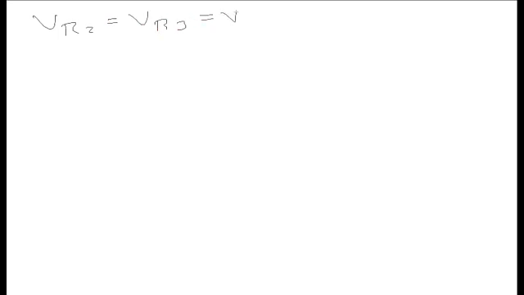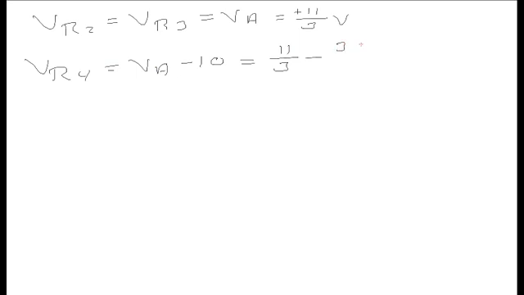These are equal to VA, which we know is 11 over 3 volts. I got a positive number out, which means I chose the polarity correctly. VR4, though, is not. I have VA minus 10, or 11 over 3 minus 30 over 3, which gives me negative 19 over 3 volts.